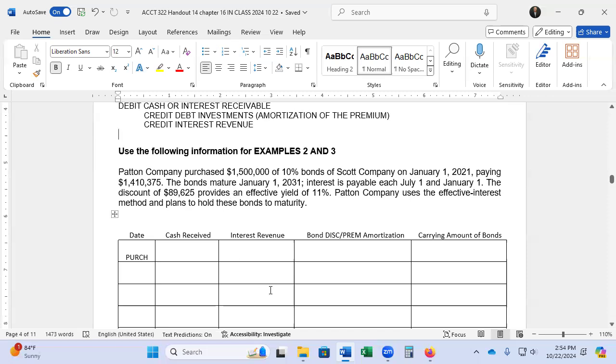So we don't have this recorded, but this is the discount, 89,625. And then we have the carrying amount of the bonds, 1,410,375. So that's what we paid for the bonds.